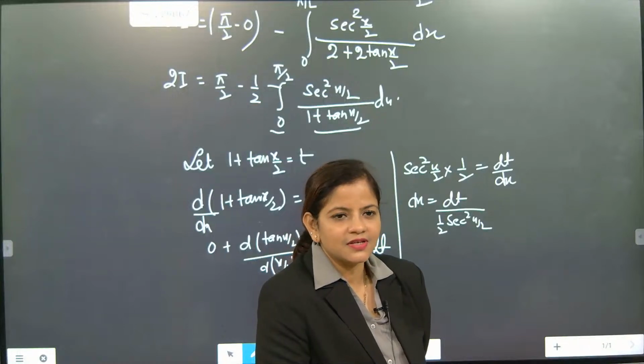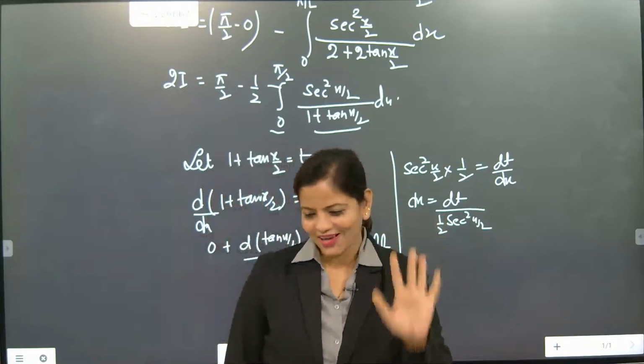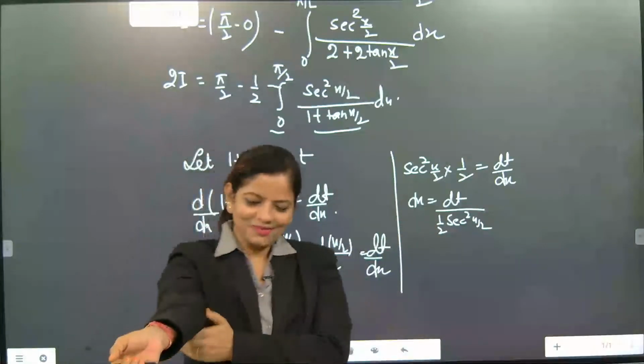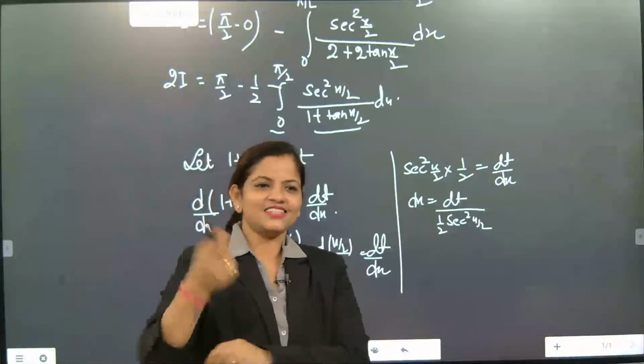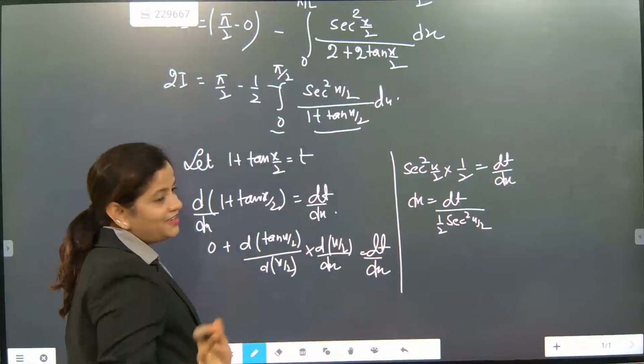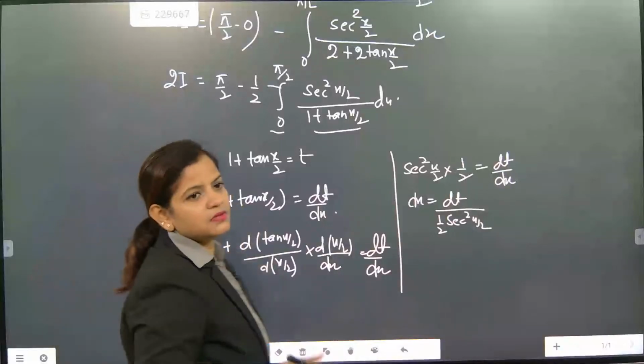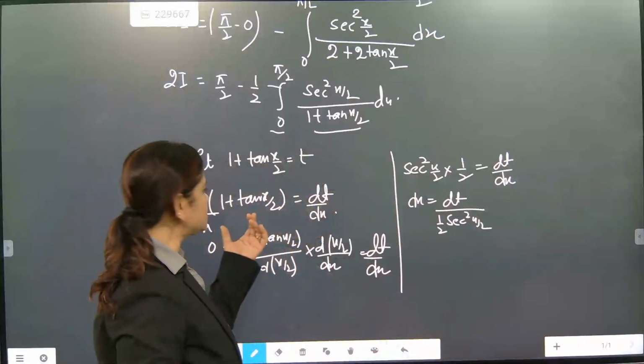Tan 0 value is 1? Beta, this year it will not be possible for you. Try next year. Seriously, tan 0 value is 0. This year not possible, try next year. This is the only thing. Understood? So tan 0 value is 0.